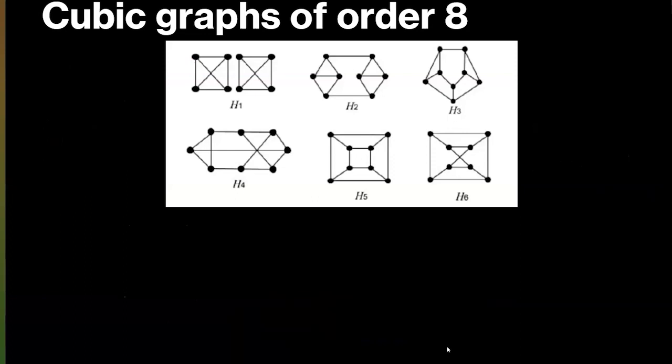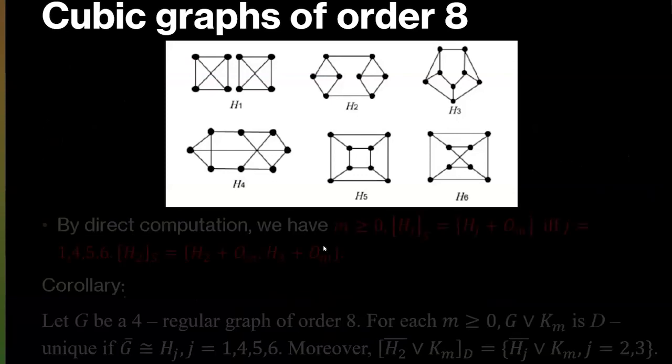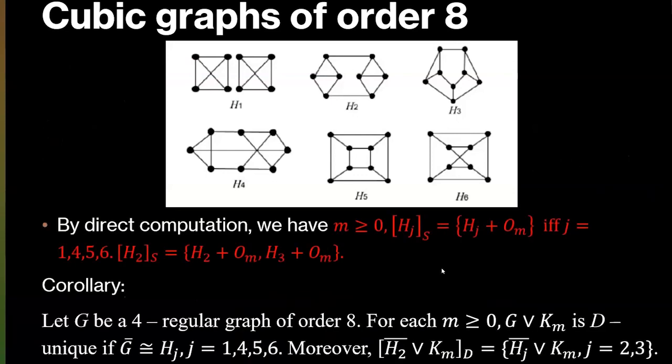And now we can look at cubic graphs of order 8. For order 8, there are 6 of them here. I use direct computation to compute the star polynomial.